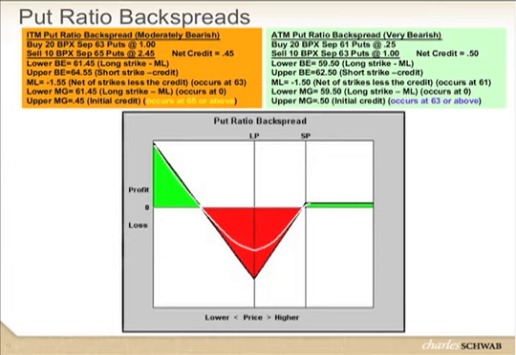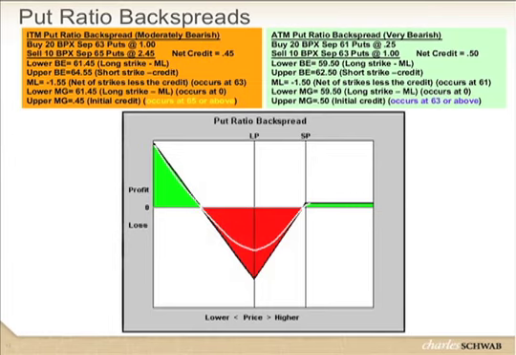So we'll calculate the break-evens. The long strike minus the max loss, which is 61 minus $1.50, puts our lower break-even at 59.50. And the short strike minus the amount of the credit, which is 63 minus 50 cents, puts our upper break-even at 62.50. So I've got a zone there between 59.50 and 62.50 where I don't want to be.